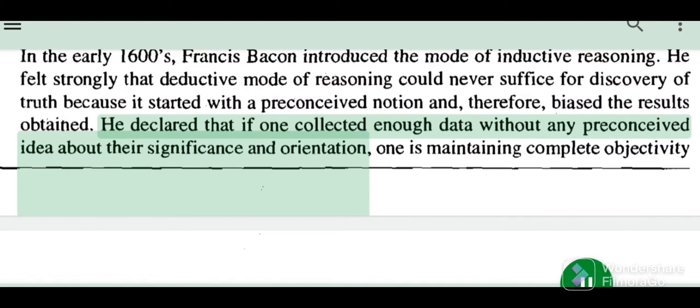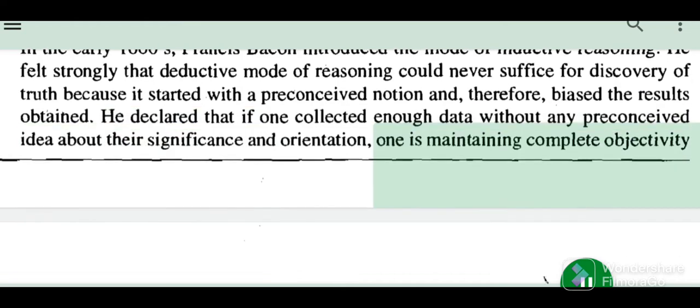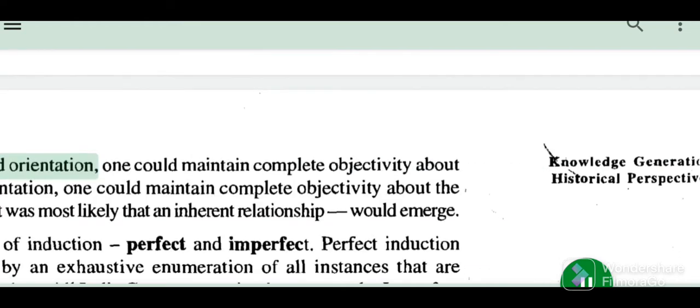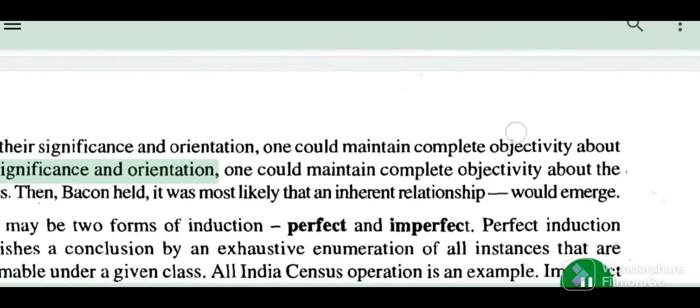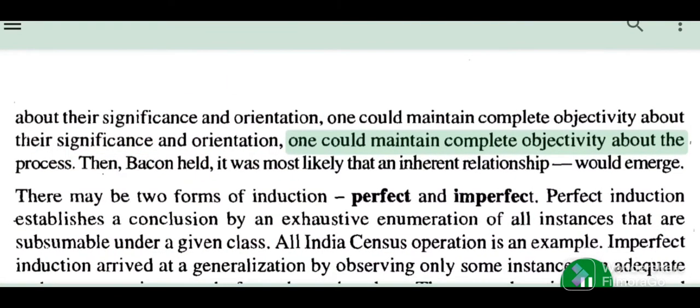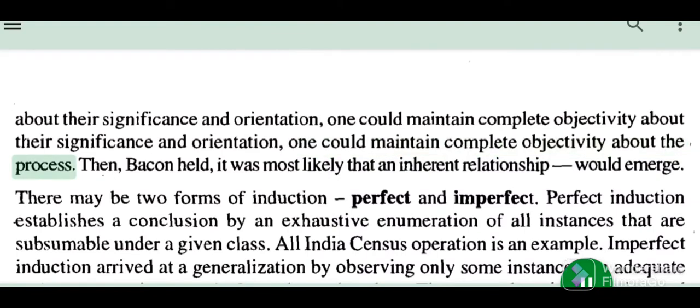He declared that if one collected enough data without any preconceived idea about their significance and orientation, one could maintain complete objectivity about the process. Then, Bacon held, it was most likely that an inherent relationship would emerge.